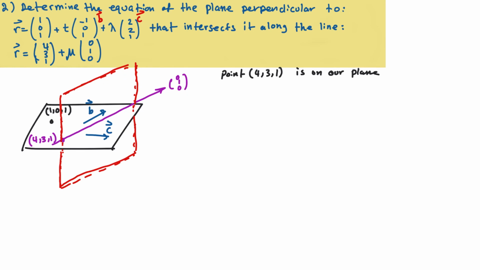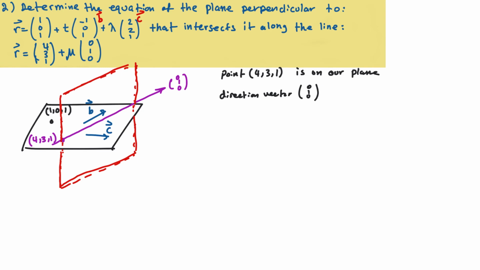The direction vector 0, 1, 0 is going to be definitely on that plane. The only other thing that we will need is another direction vector on this plane.